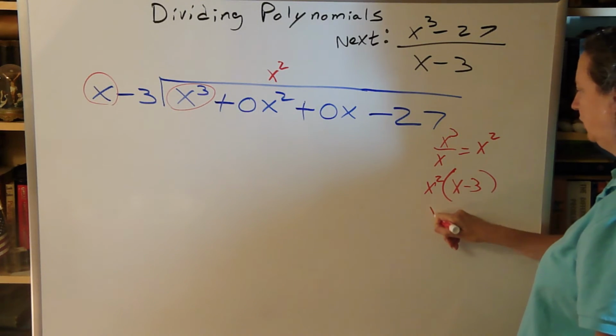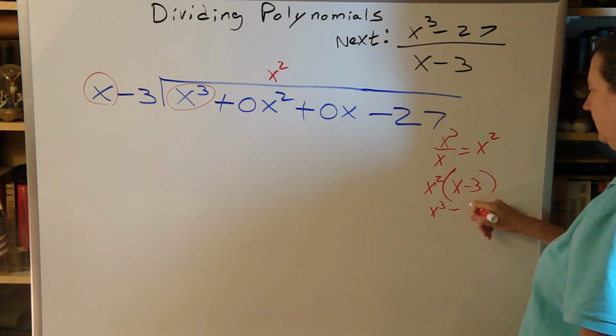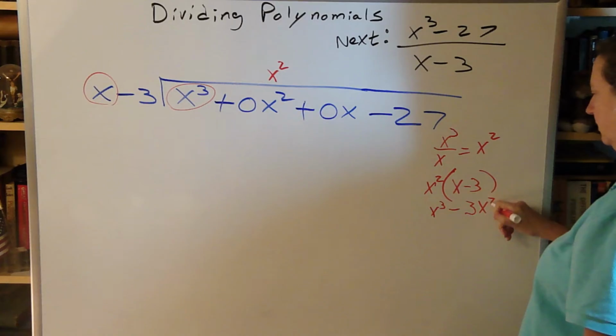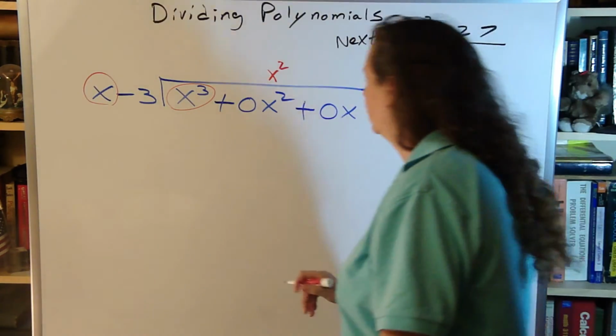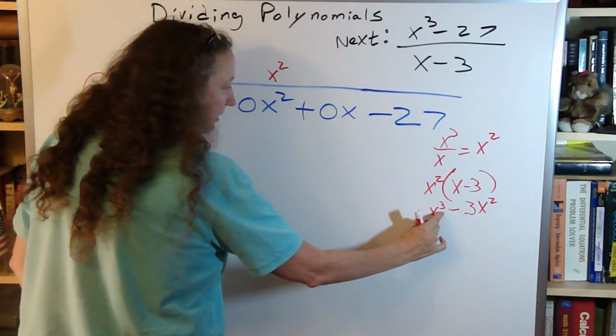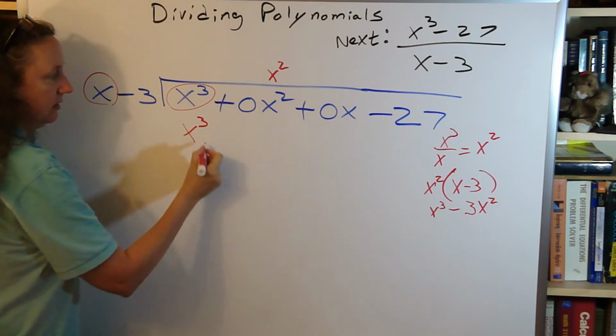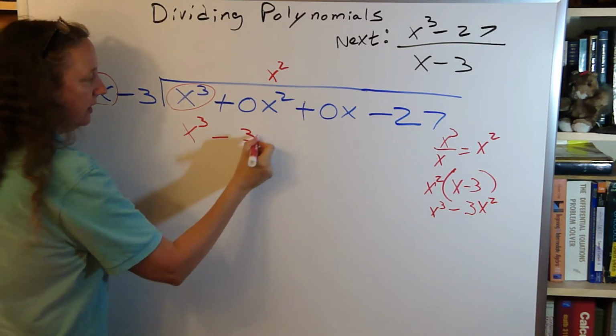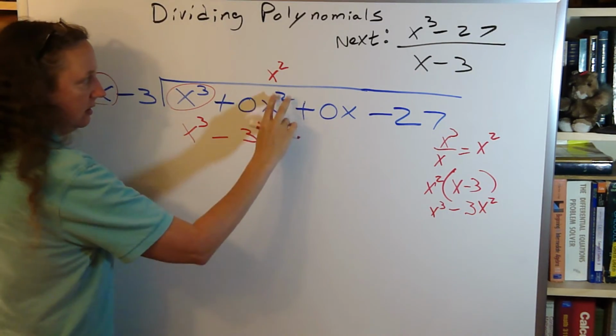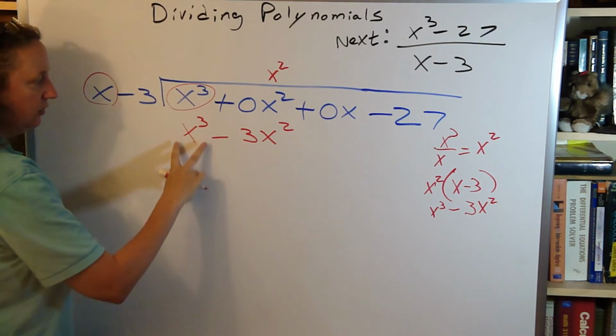That gives me x cubed minus 3x squared. Line up my exponents in the same column. So I have x cubed minus 3x squared. X squared in the same column, x cubed in the same column.